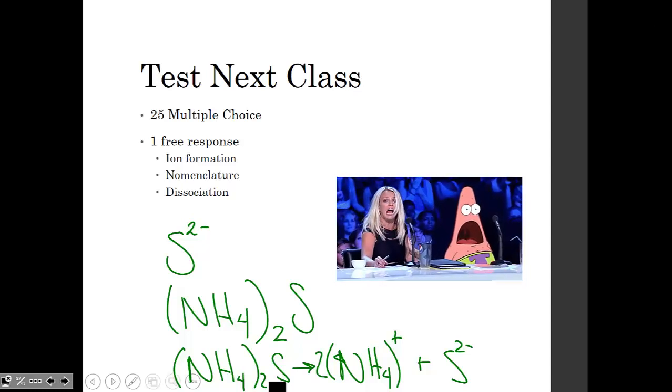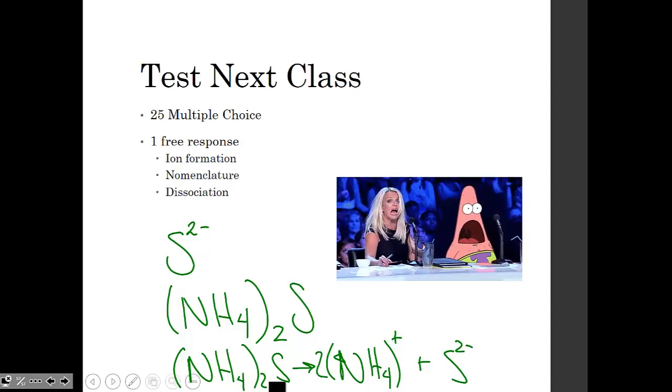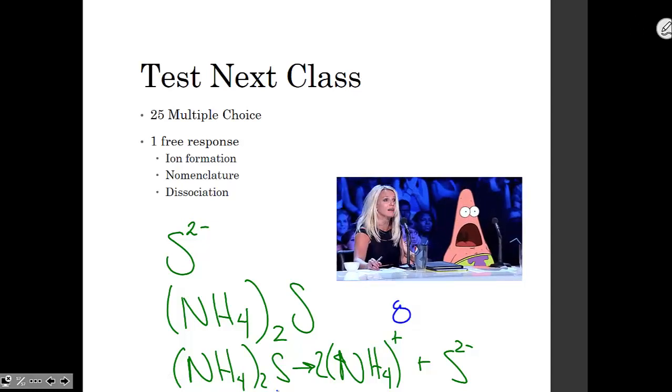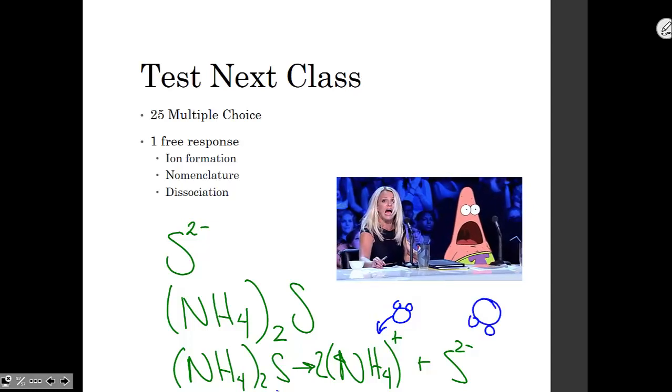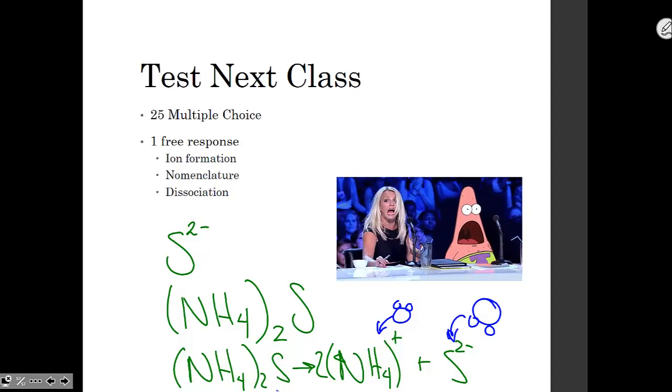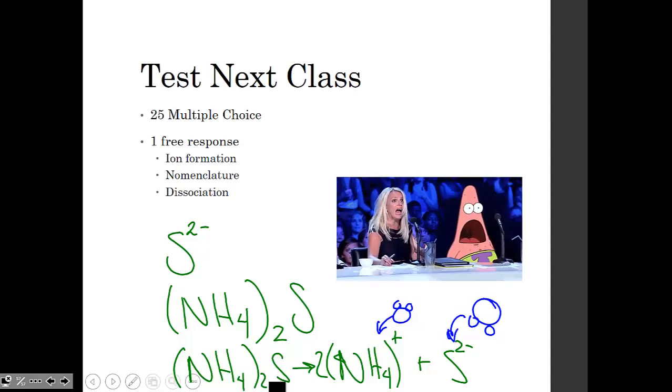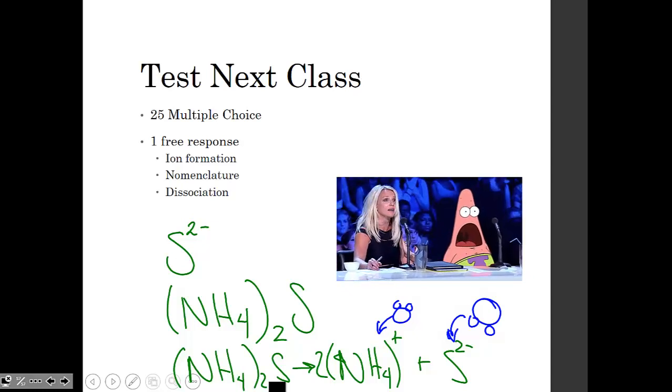I might ask you about its hydration, how the oxygen end of water is attracted to the ammonium, and how the hydrogen end of water is attracted to the sulfide. But beyond that, that will be your free response for your quiz. And I'll see you in Unit 4B, covalent bonds.